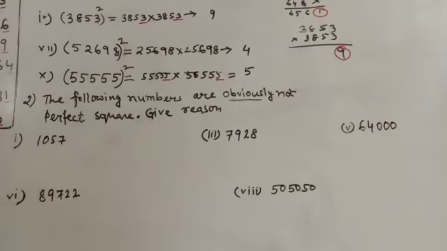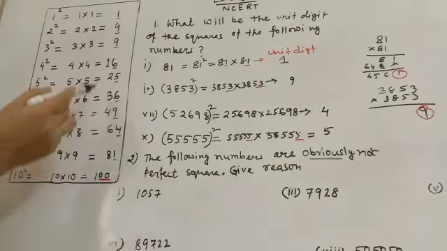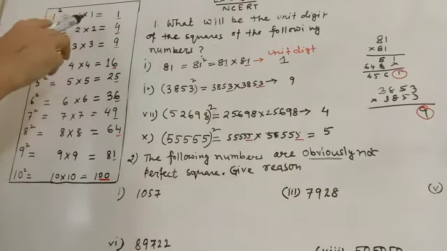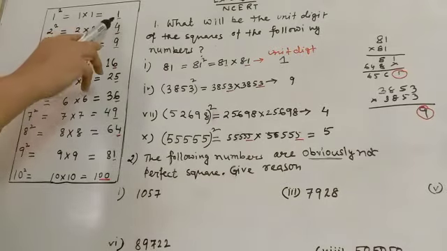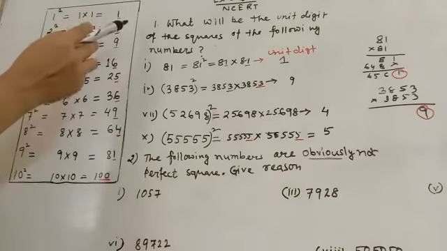Listen, as we have discussed before, which numbers do we get at the unit place when we square numbers?